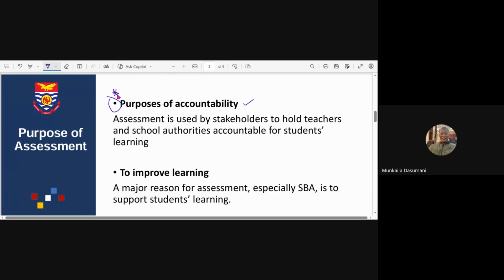The University of Cambridge can question some lecturers or some department: why are your students performing so poorly at the end of the result? They can question the HOD about the department where students are failing, while in another department they are progressing. So assessment is for the purpose of accountability.